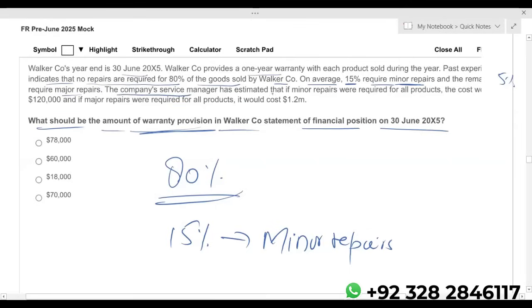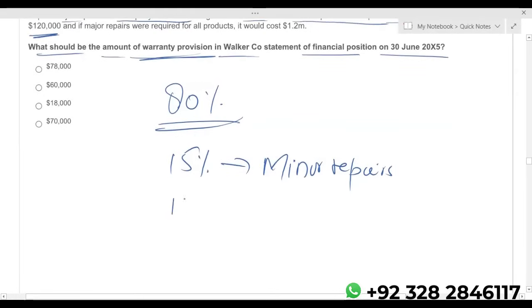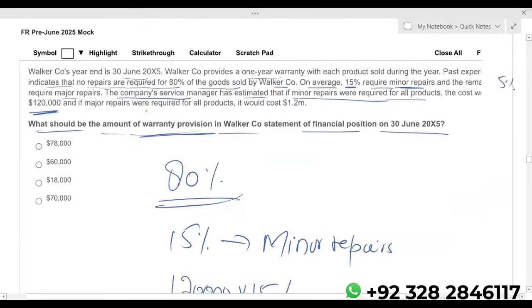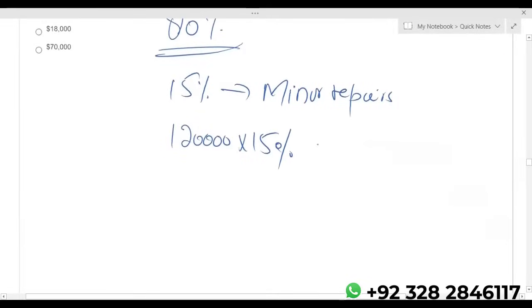The company's service manager has estimated that if all the products required minor repairs, the cost would have been 120. But don't forget, only 15% need minor repairs. And if major repair were required for all the products, the cost would have been 1.2 million. But don't forget, major repair is actually required by only 5% of the products.